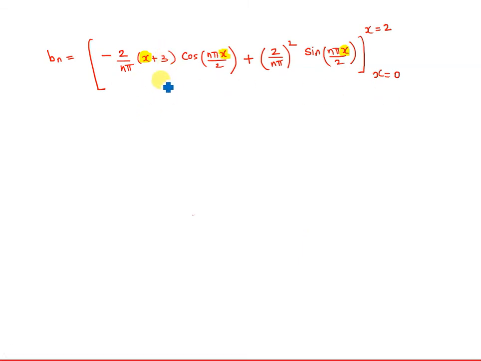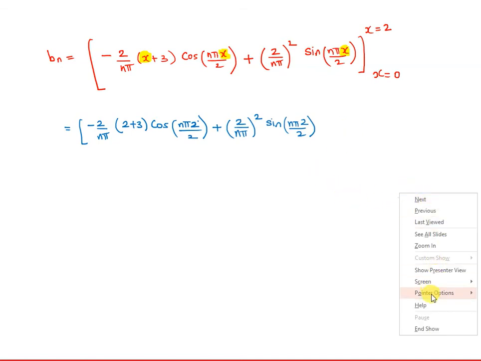Now substitute. First we replace x by 2. So this will give you minus 2 over n pi, (2 plus 3), cos of n pi into 2 over 2, plus 2 over n pi to the power 2, sine of n pi 2 over 2.